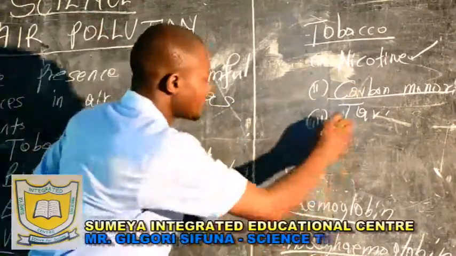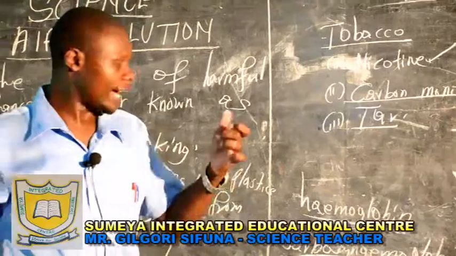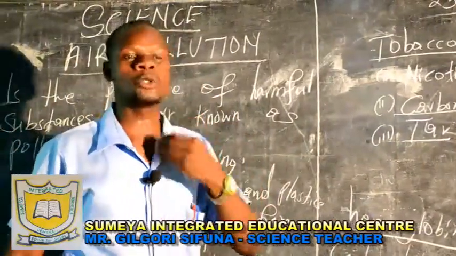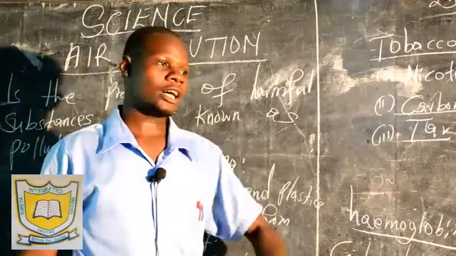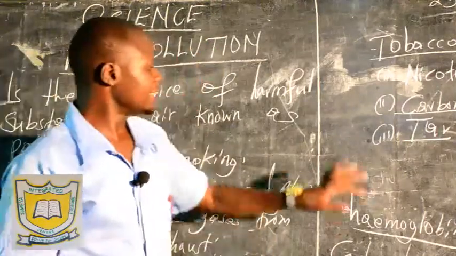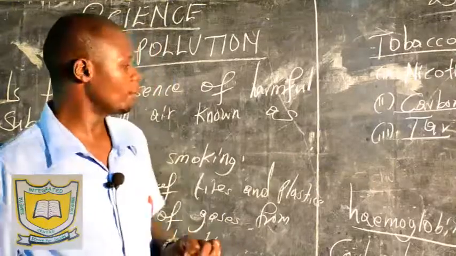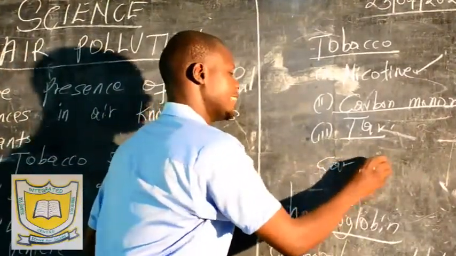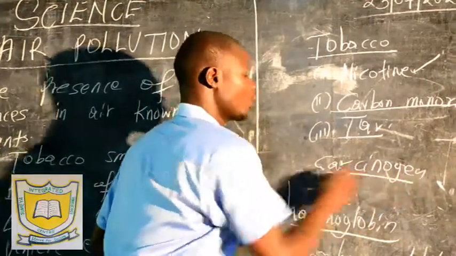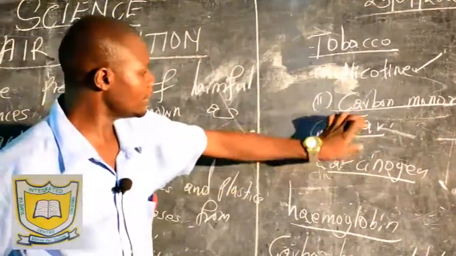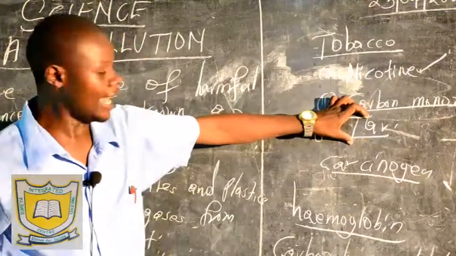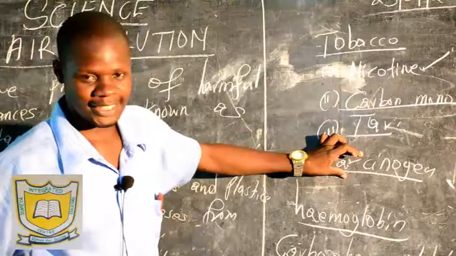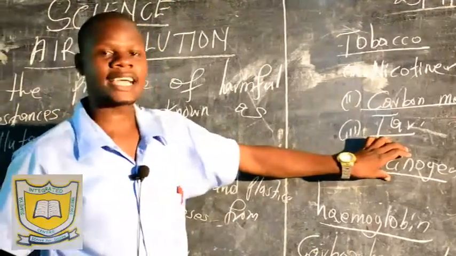Then lastly we have tar, which is a black residue found on teeth and along the throat of cigarette smokers, and it also contains an element known as carcinogen. This is a dangerous chemical found in tar. It is also poisonous and it can cause cancer.